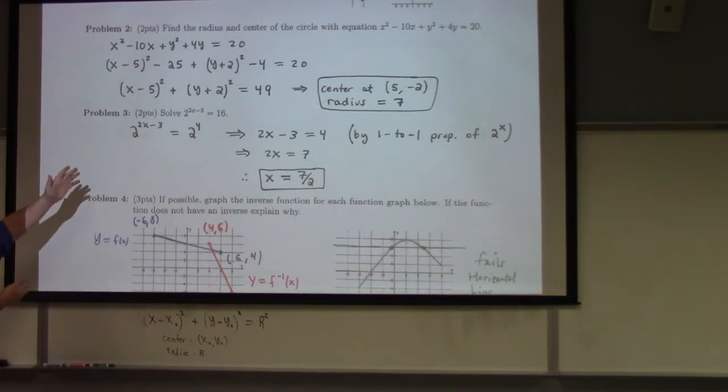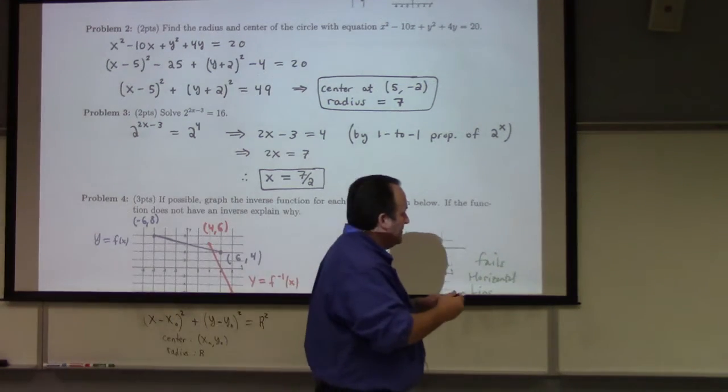And then here, we can recognize 16 is 2 to the 4th and solve it like that. There's another way to do this problem. What would be the other way you could solve this problem if you wanted to? I logged it. You logged it?